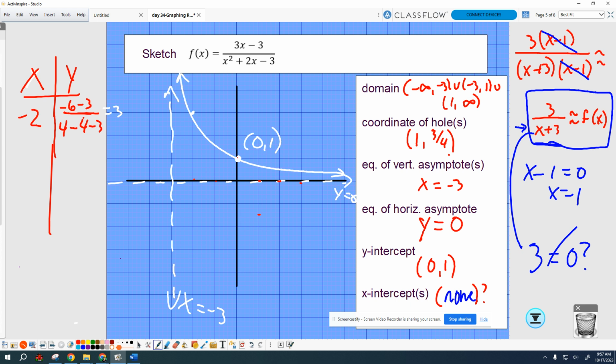Yes, Peter? Is there a reason that we're taking from the unsimplified version rather than the simplified version? No. But that reminds me, I didn't do something. I need to plot the coordinate of the hole. The coordinate of the hole is right there. And I should fix that.